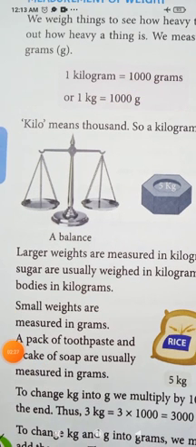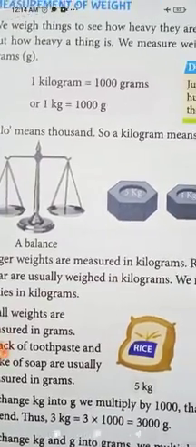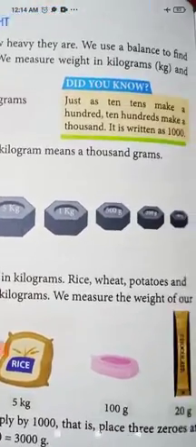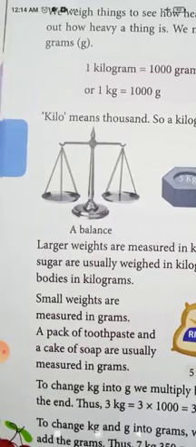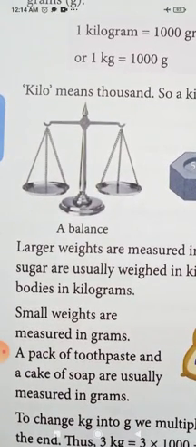So we measure weight in kilograms and grams. Kilo means 1000. So a kilogram means 1000 grams. Students, here kilo means we are using kilograms or grams to measure the weight.